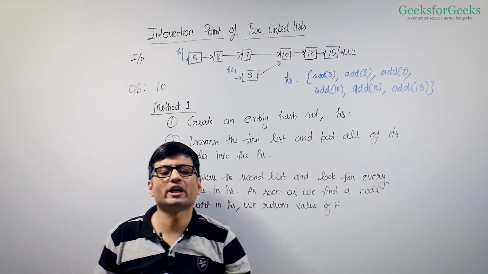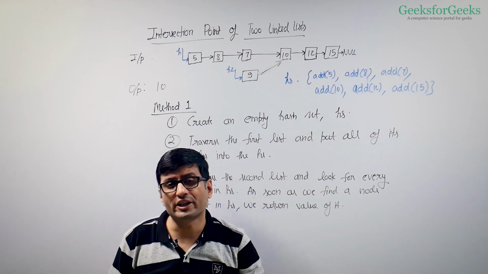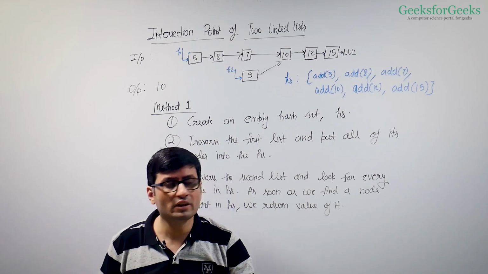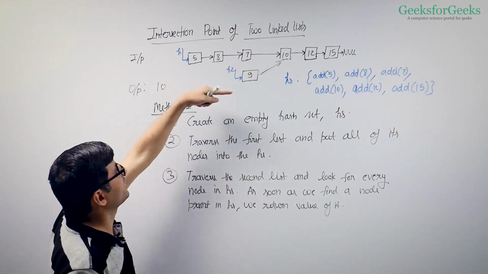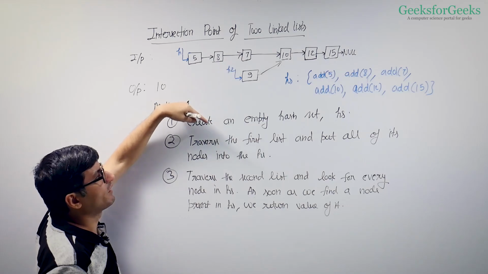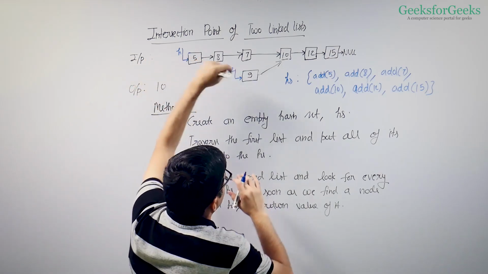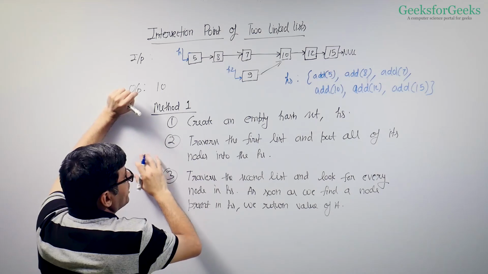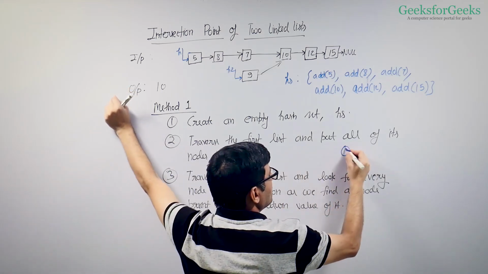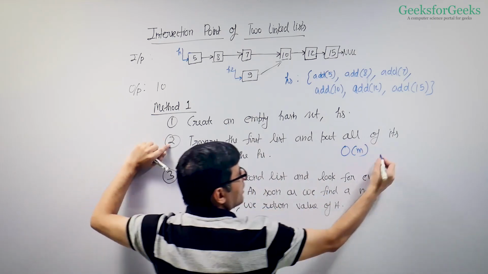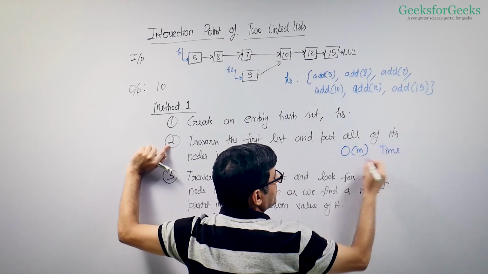So if we assume that hash set search and insert operations are big O of 1, then we are traversing the first linked list and putting everything into the hash set. So let's say the length of the first linked list is m, then it is going to take big O of m time in the second step and big O of m auxiliary space.